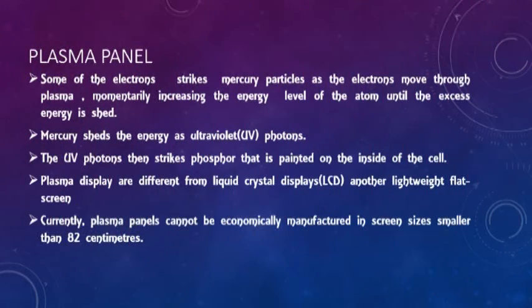Some of the electrons strike mercury particles as the electrons move through the plasma, momentarily increasing the energy level of an atom until the excess energy is shed. Mercury sheds the energy as ultraviolet photons. The UV photon then strikes phosphor that is painted on the inside of the cell.